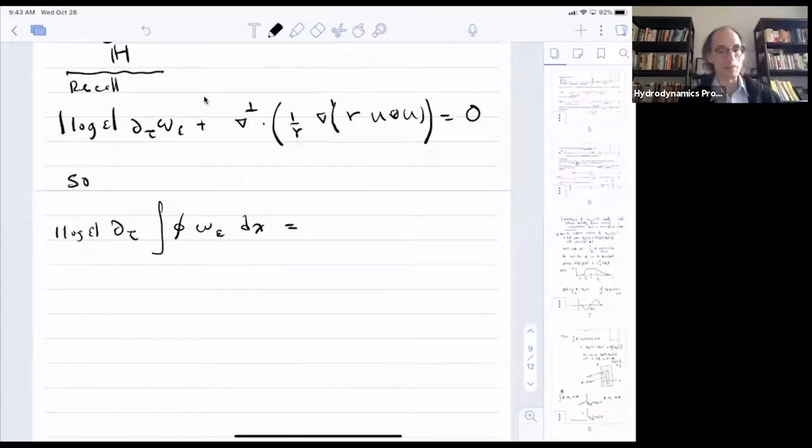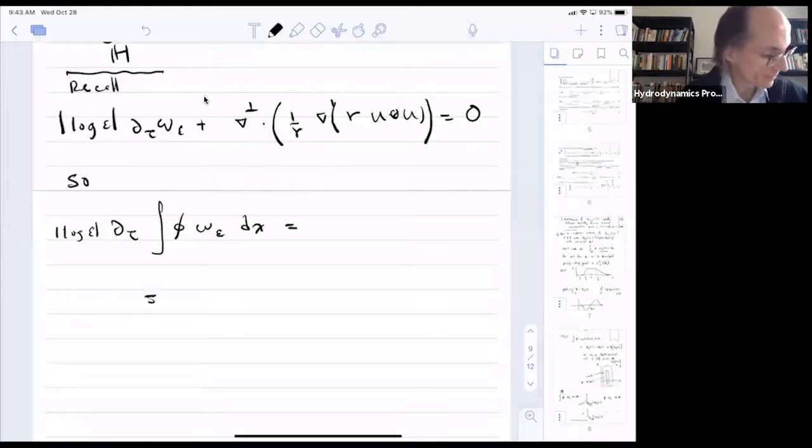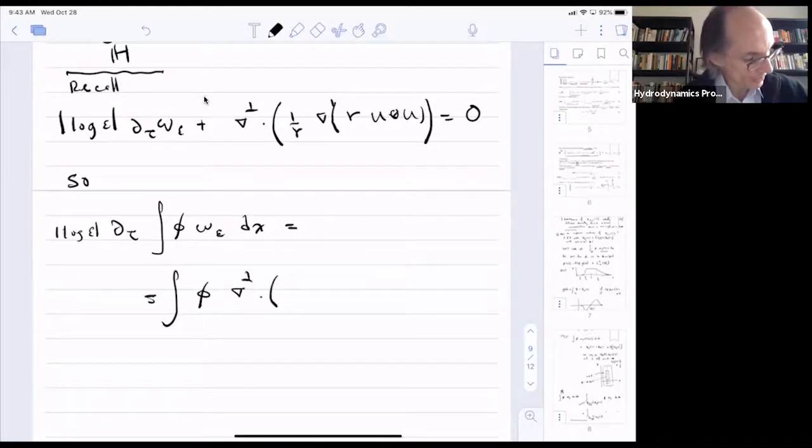Okay, so things are smooth enough. I can exchange integration and differentiation. I can bring the derivative under the integral sign. And so then I'll have phi epsilon times d tau omega epsilon. That's phi times grad perp of 1 over r divergence of r u tensor u.